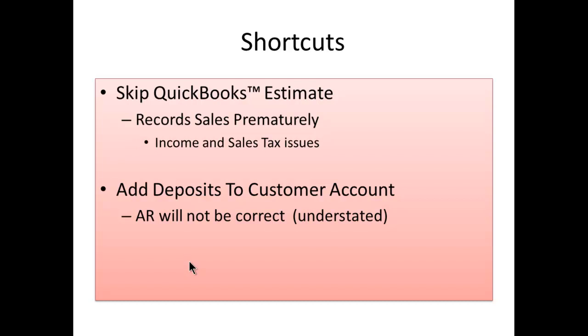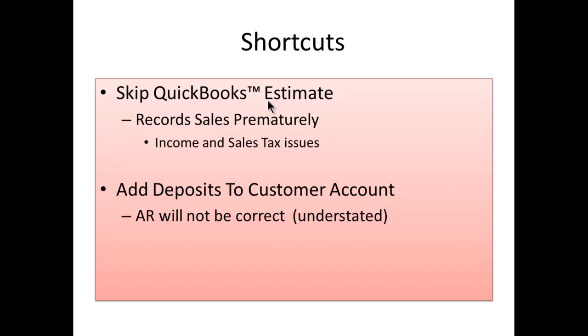There are a lot of different shortcuts people take, but here are a couple of the really popular ones. They'll skip the QuickBooks estimate and just make out QuickBooks invoices. So they totally ignore the written sales part and just go right to the invoice.